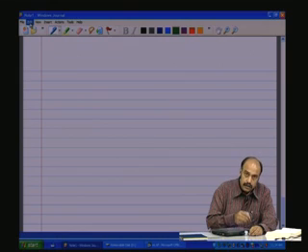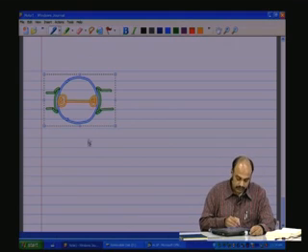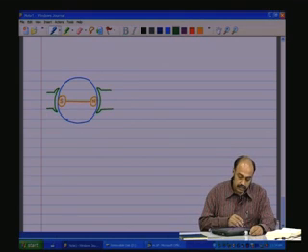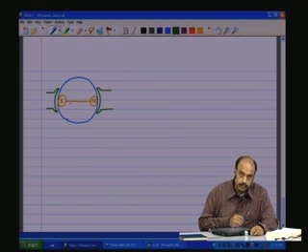Now, of course, I will explain it again only with respect to the A phase. Let me have this figure. So here we have just one pole pair or two poles. Here P is equal to 2.